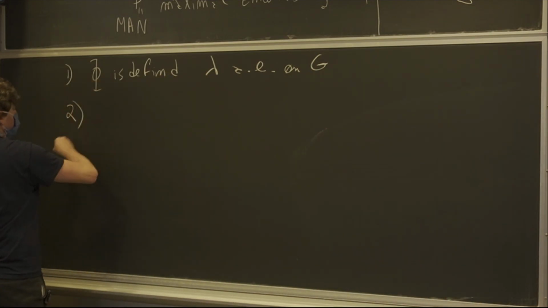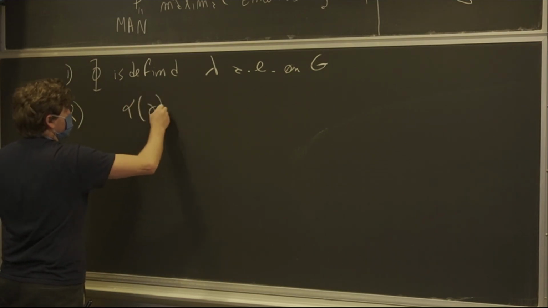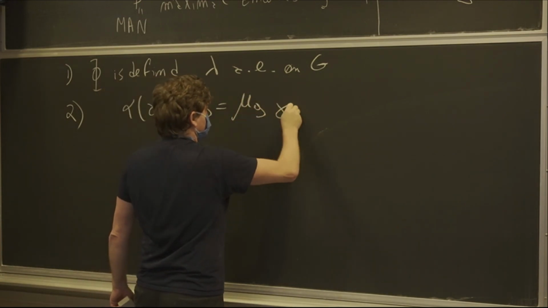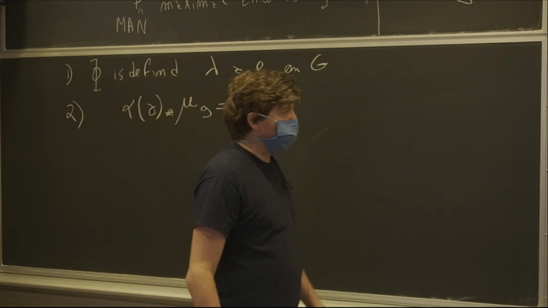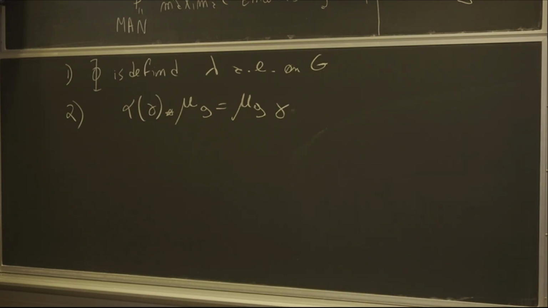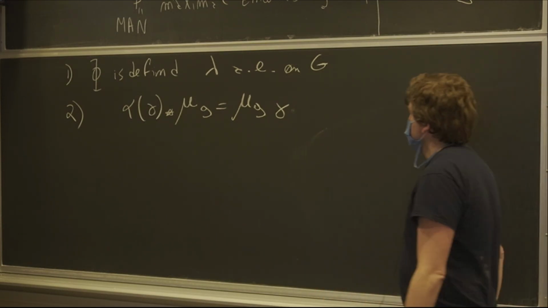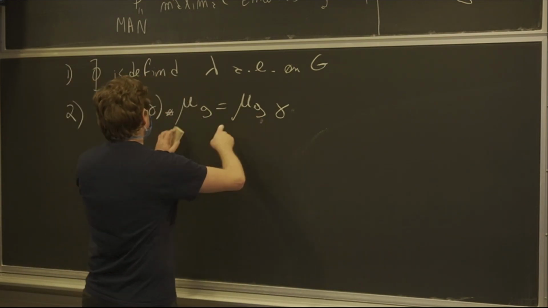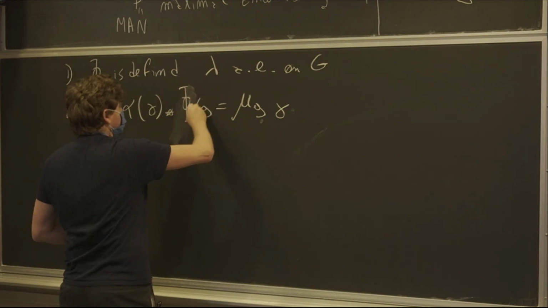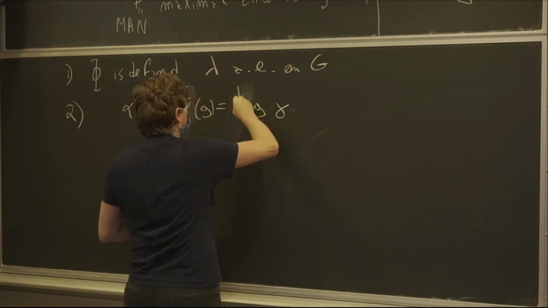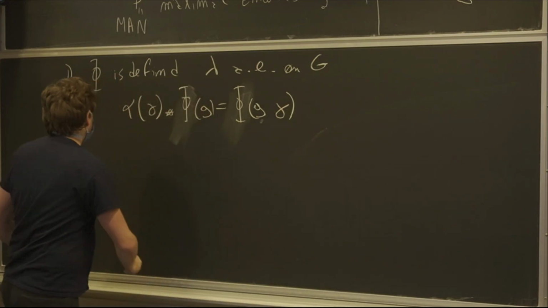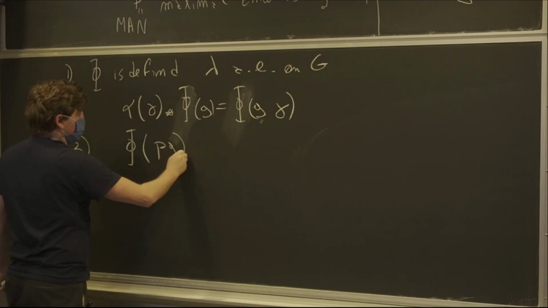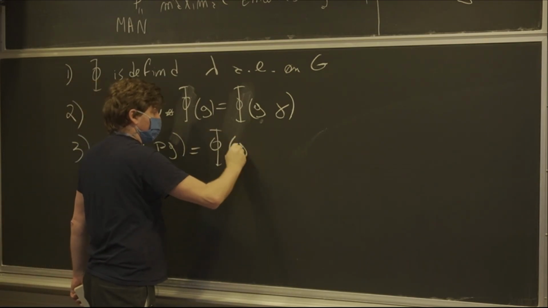Second, alpha gamma star mu G is mu G times gamma. And this is how this alpha hat business is going. Or equivalently, maybe I should use phi of G here. Phi of G gamma. And three is phi of P times G is phi of G.